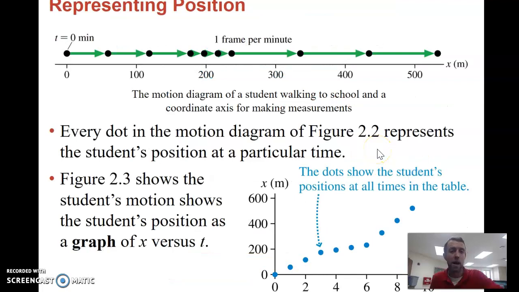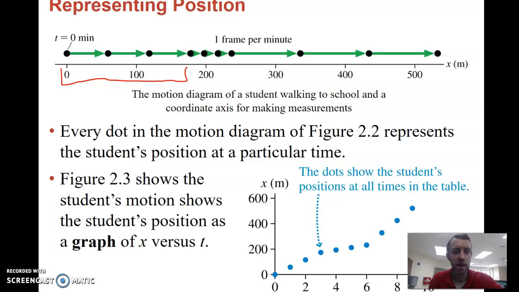All right, representing position. Here we have these vectors. We have a section in time starting at 0 minutes, with one frame per minute.